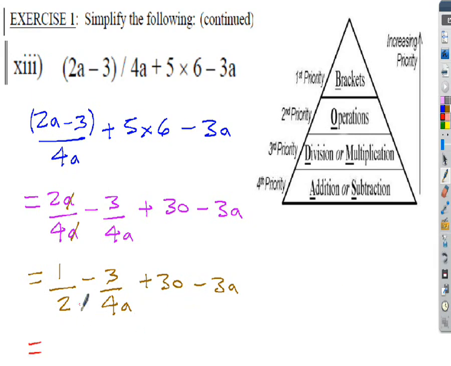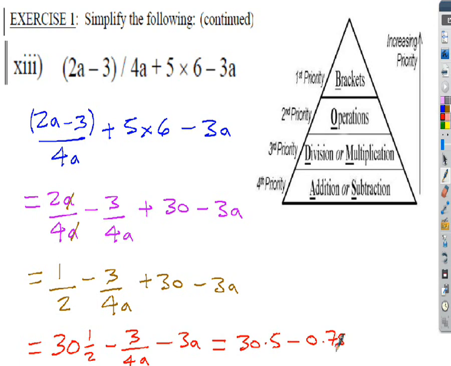So simplifying 30, add the half, that's 30 and a half, subtracting 3 upon 4a, subtracting 3a. The answer on the sheet is actually in terms of decimals, so they've actually written this as 30.5 minus 0.75, that's a 3 upon 4, divided by my a minus 3a.